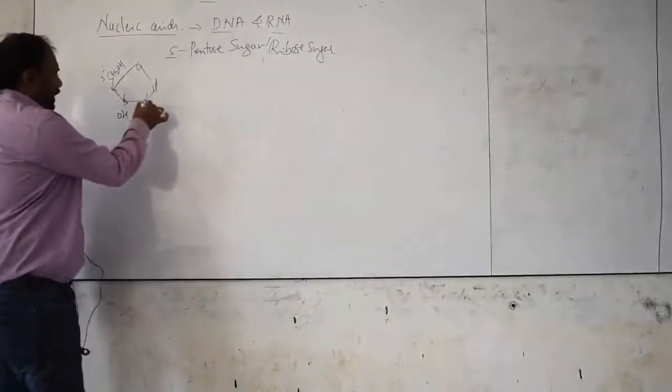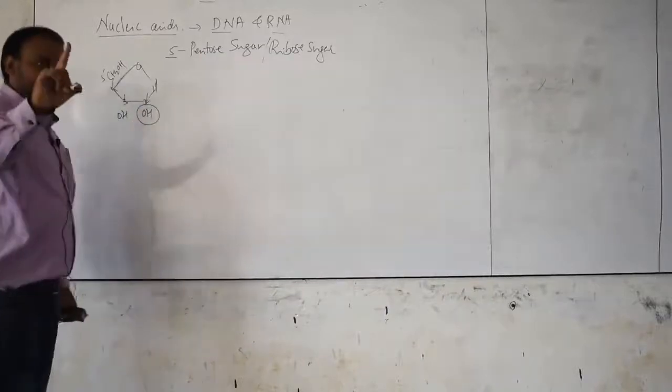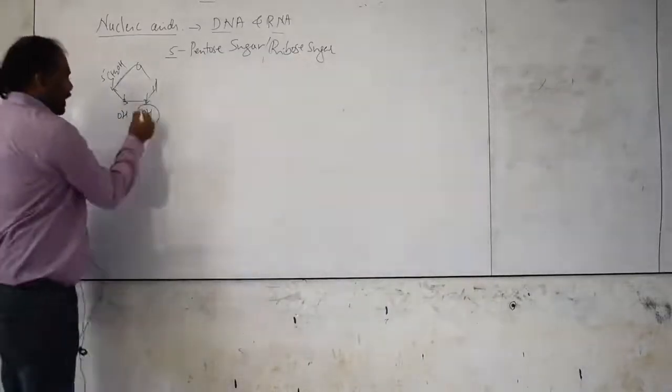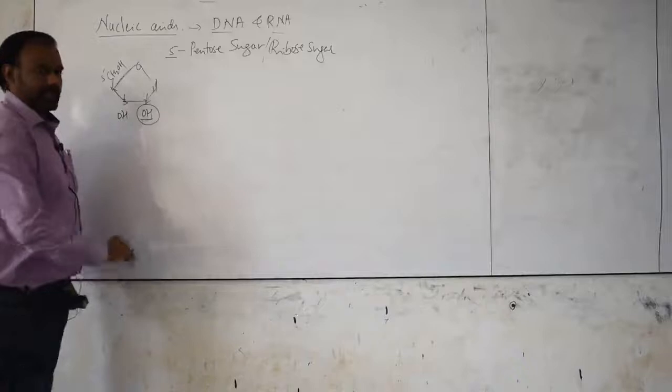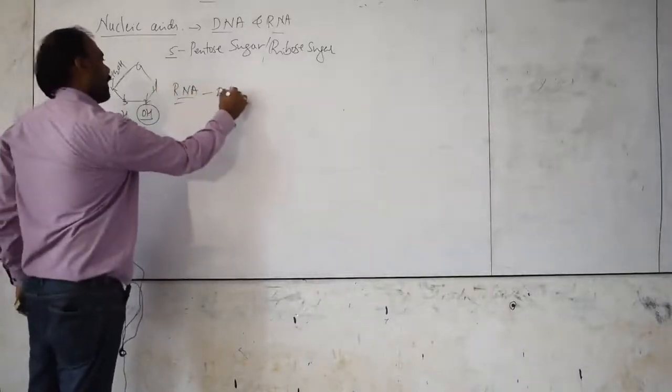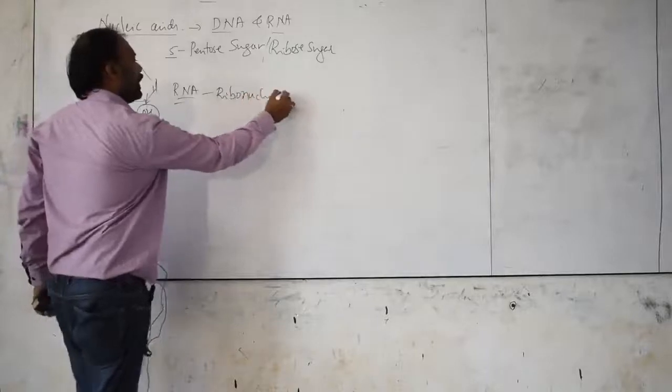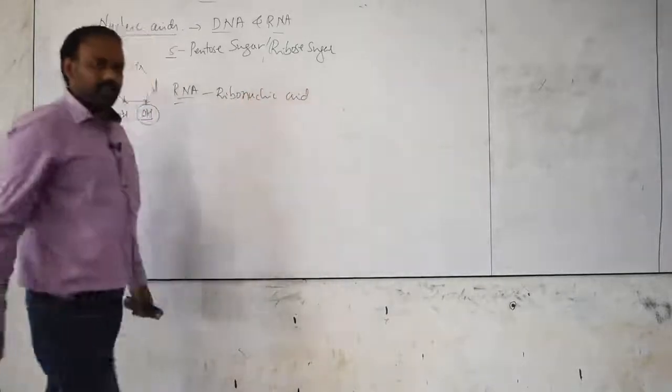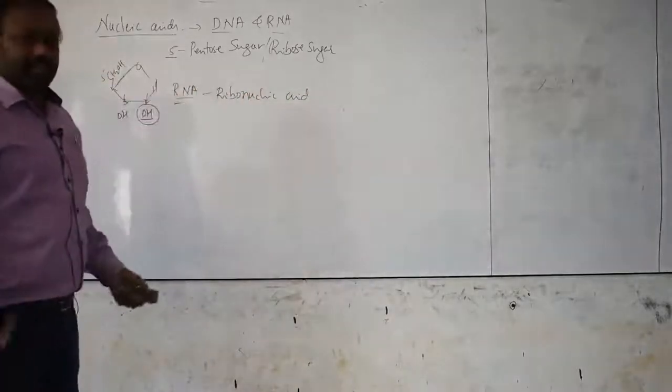And here at the second carbon atom, very clear, if there is an OH, it is called RNA, ribonucleic acid. Very simple.